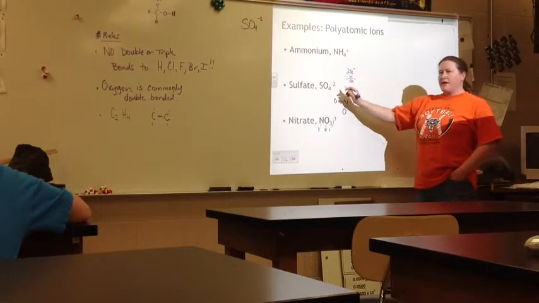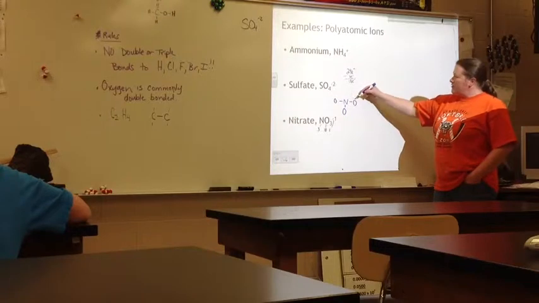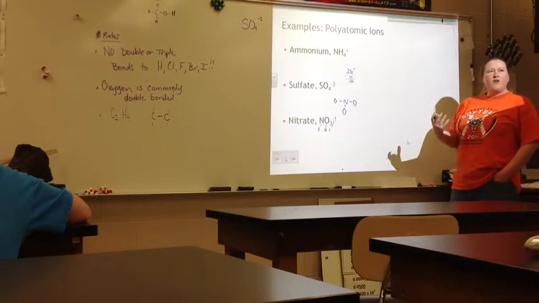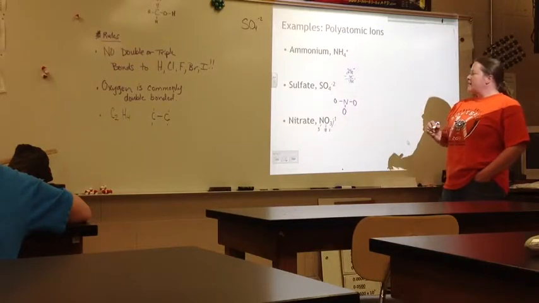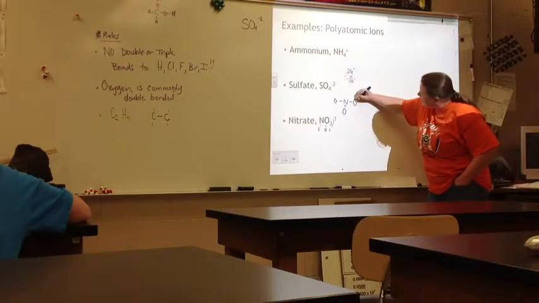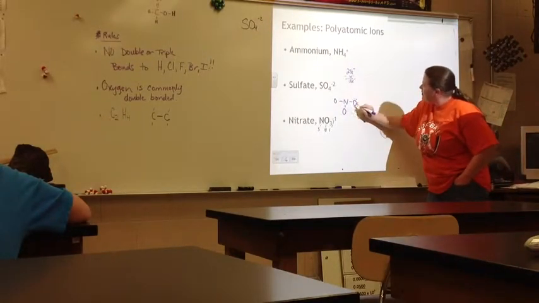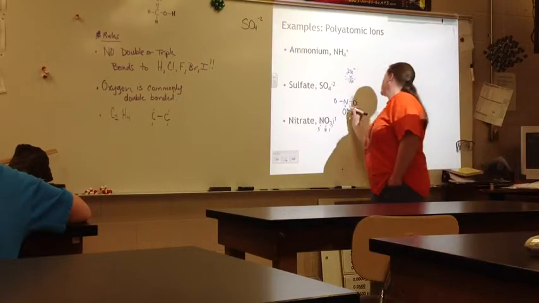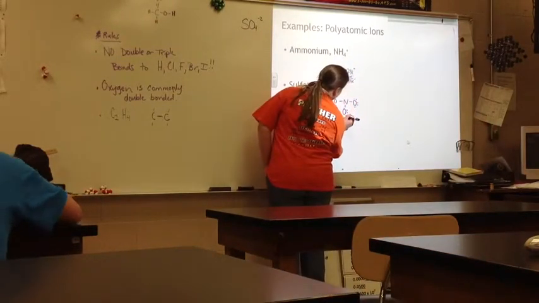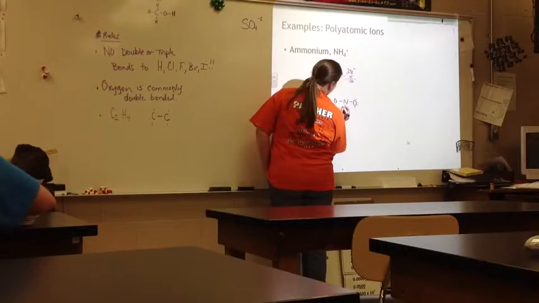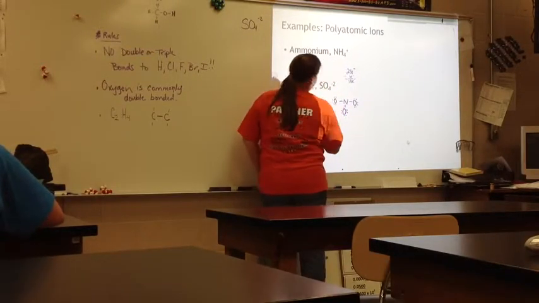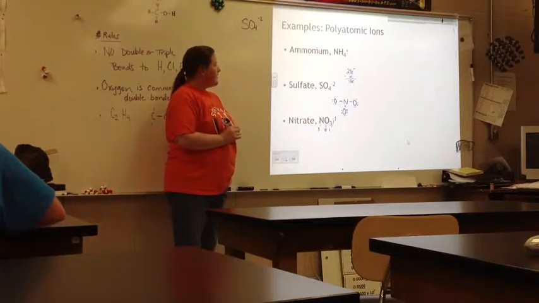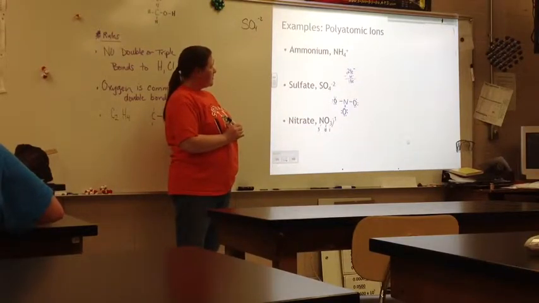I'm going to put them on and start distributing them in pairs with the hope that I will have enough electrons to give each element an octet. If not, I need to deal with that. So 1, 2, 3, up to 18. All right, I have all 24 electrons on this structure right now.